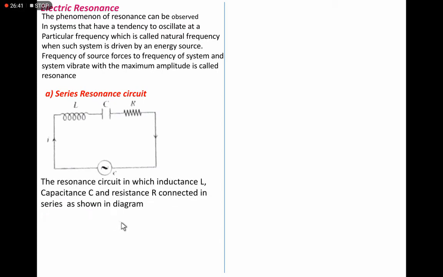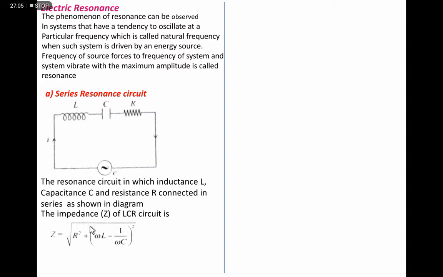Here again it is the series combination. Z is the impedance we just studied in the LCR circuit. This impedance is written as the square root of R square plus bracket XL minus XC bracket raised to square.